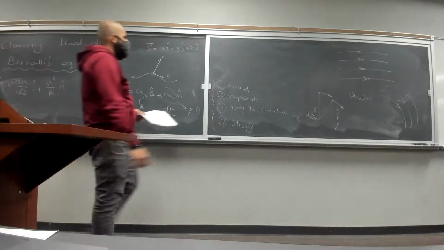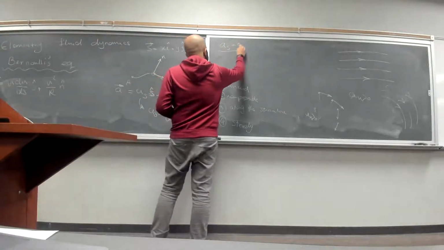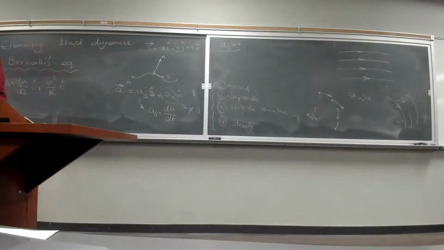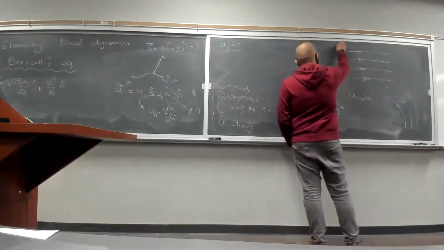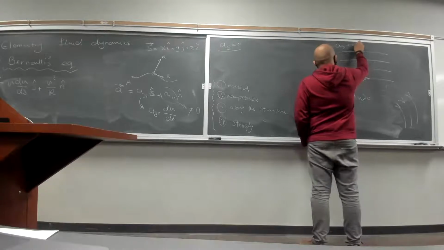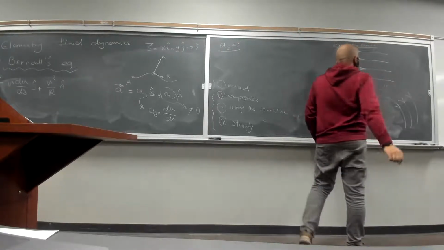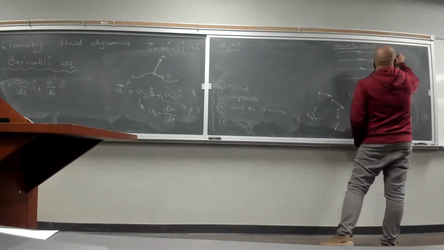Okay. What if a of s is 0? This type of flow will be the case you're going to get if a of s and a of n are both 0. You're going to get something called the uniform flow.